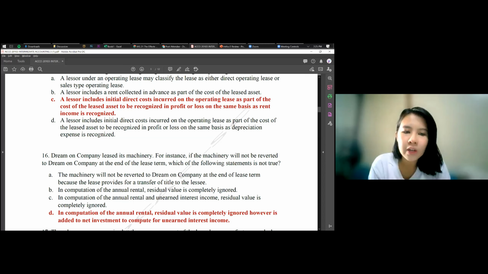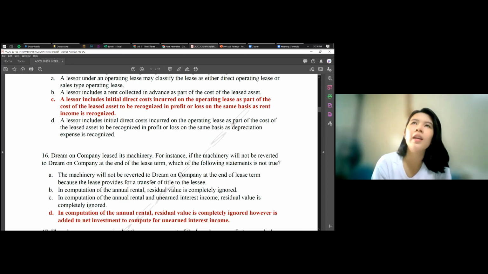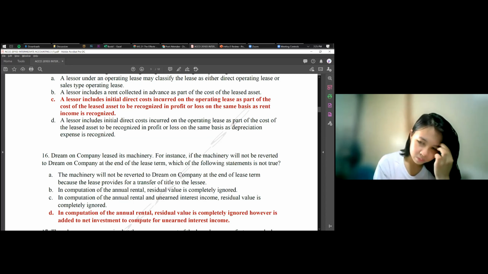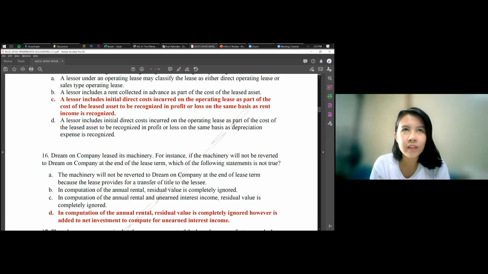In computation of the annual rental and unearned interest income, residual value is completely ignored. So, another false statement. Same basis as earlier, right? It's still FAVE gimbap, and this is the letter G, guaranteed residual value. And of course, when it's a finance lease, if you remember, when we record sales under dealers or manufacturers lease, we include the guaranteed or unguaranteed residual value.